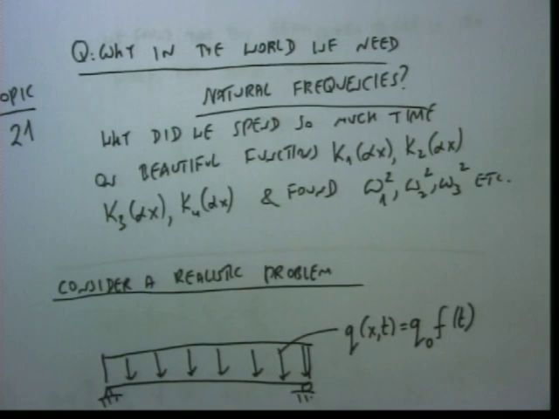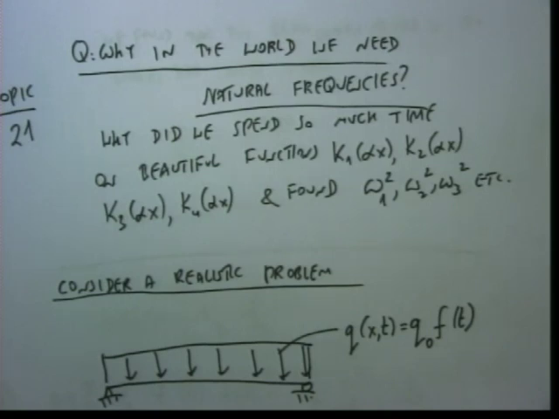Why mode shapes? Maybe something else. Mode shapes satisfy all boundary conditions. W should also satisfy all boundary conditions. Therefore, it is natural to expand W in terms of functions that already satisfy all boundary conditions. It does not make sense to expand in terms of functions that do not satisfy boundary conditions.